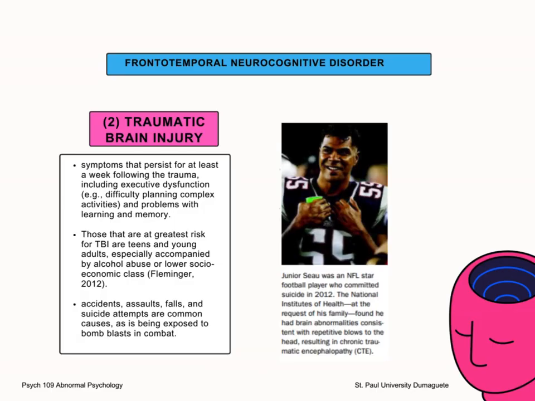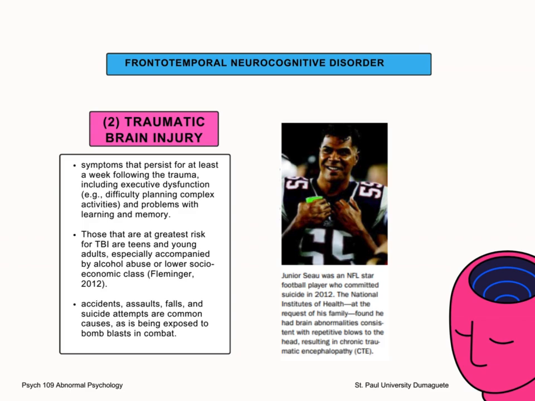So we have the traumatic brain injury. This is more self-explanatory because of course we already know how it works, right? In the picture on the right side, we have there Junior Seau. I'm not sure if I pronounced it right, but he committed suicide by shooting himself in the chest in 2012 at the age of 43.